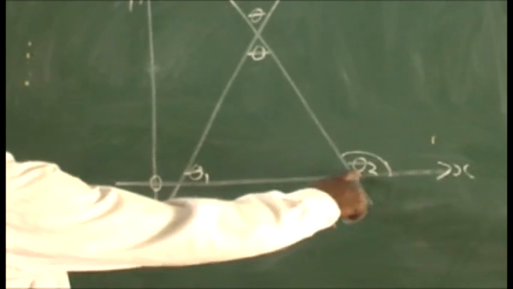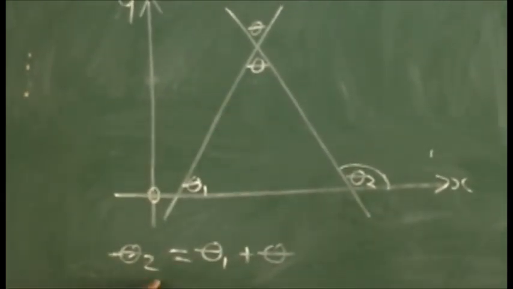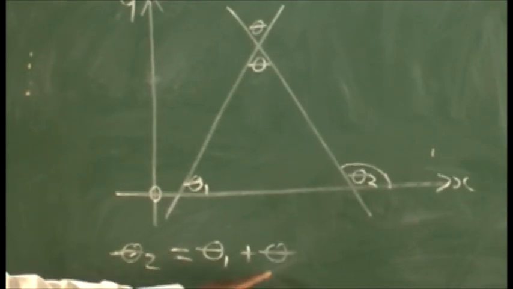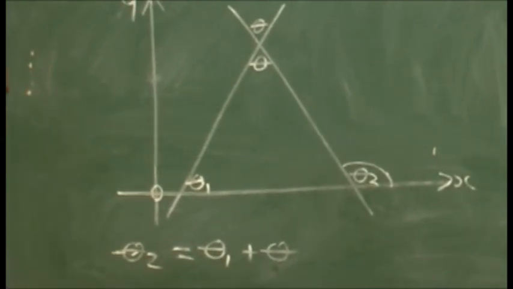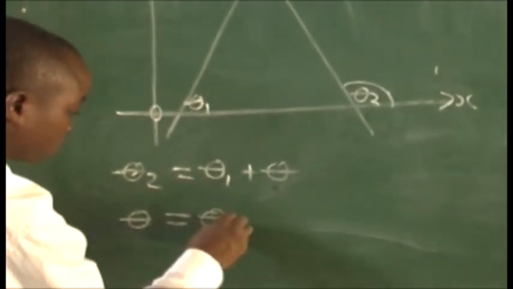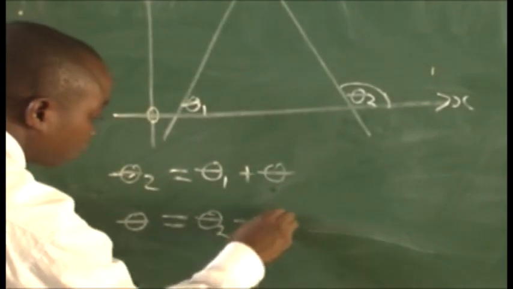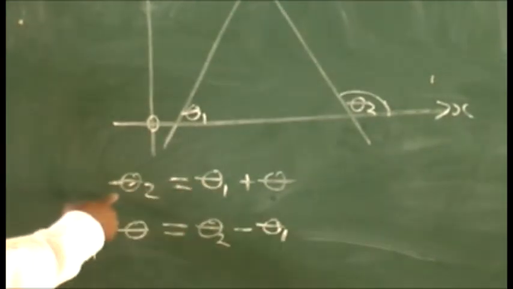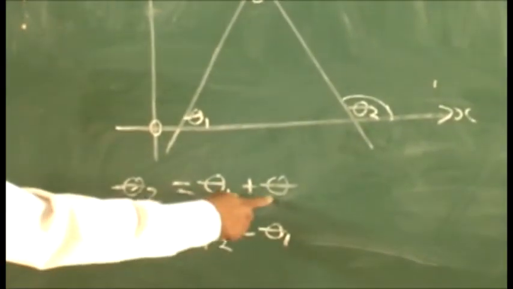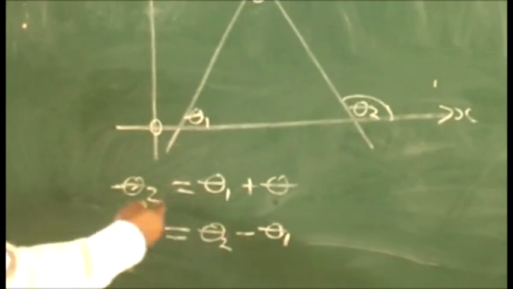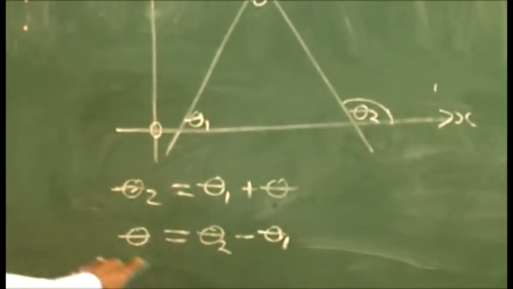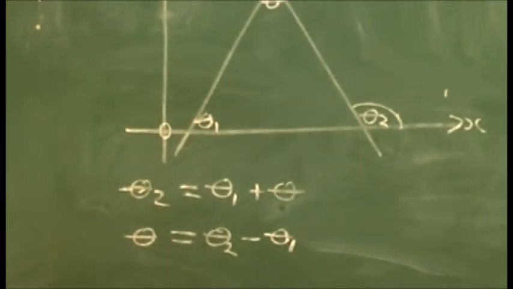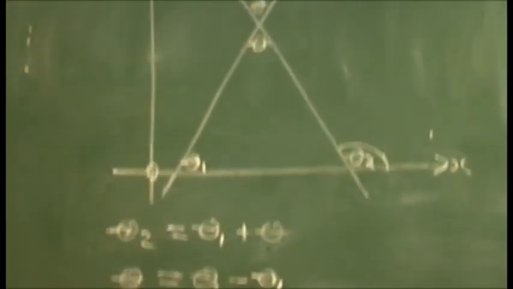Now, what it means is that for us to get theta, theta will be equal to theta 2 minus theta 1. What I'm doing is transferring this to this side.